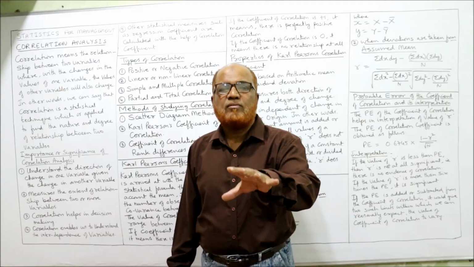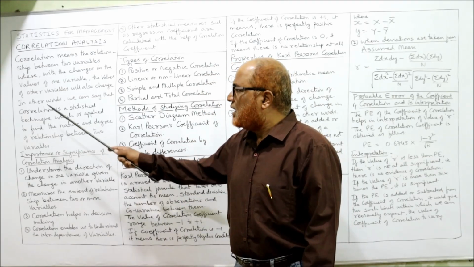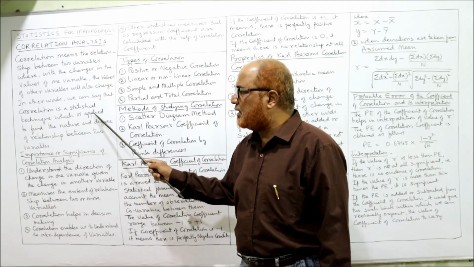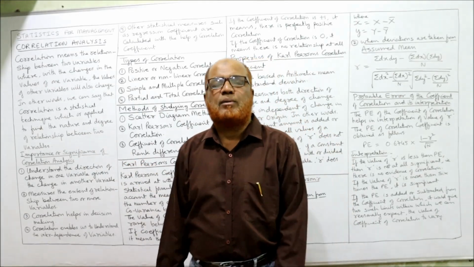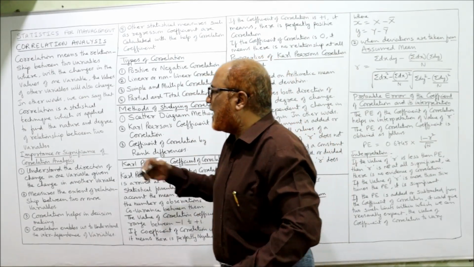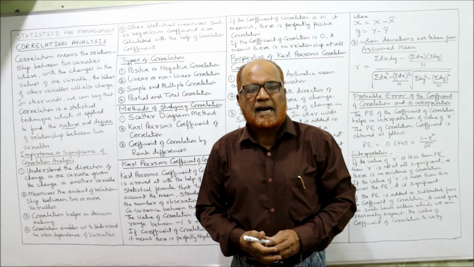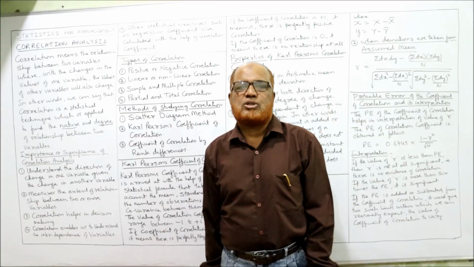So this correlation will explain the relationship between variables. In other words, we can say correlation is a statistical technique which is applied to find the nature and degree of relationship between two variables. So two concepts you remember: nature and degree. It is a statistical technique which is applied to study the nature of relationship.